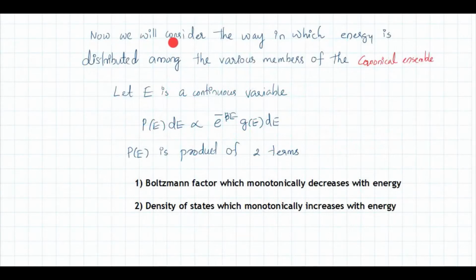Now we will consider the way in which energy is distributed among the various members of the canonical ensemble. In a canonical ensemble, we have a large number of identical systems, and energy is distributed among the member systems.